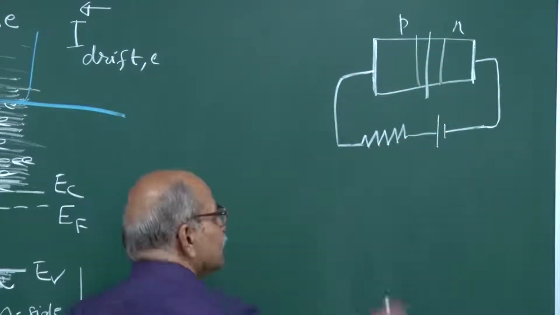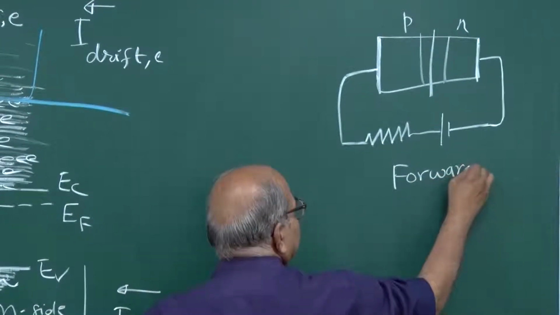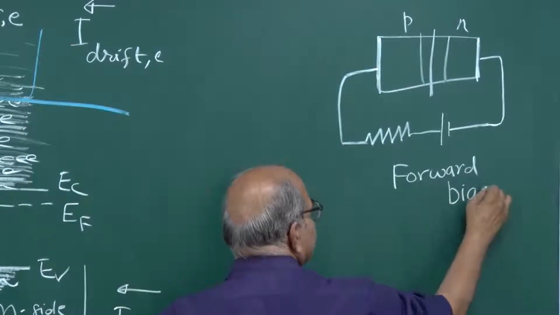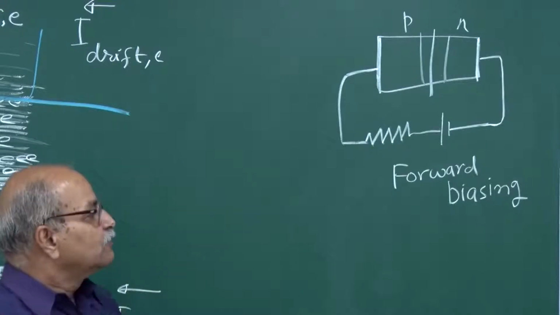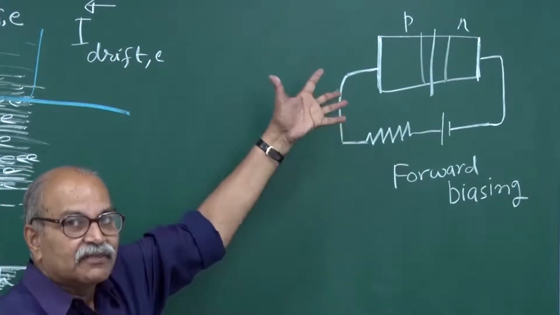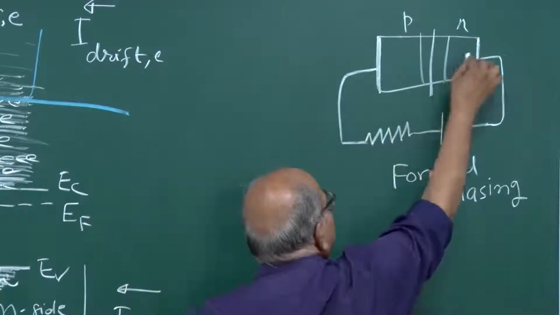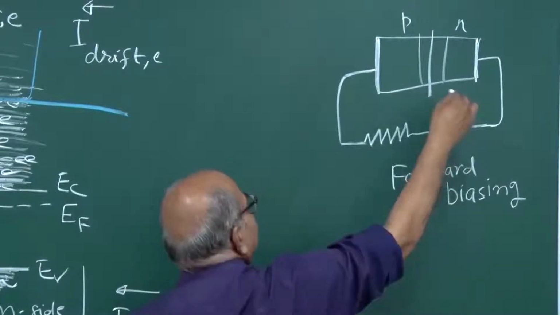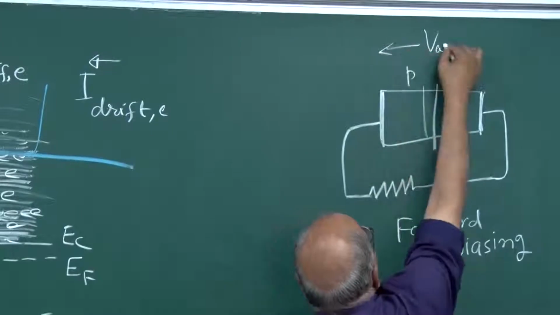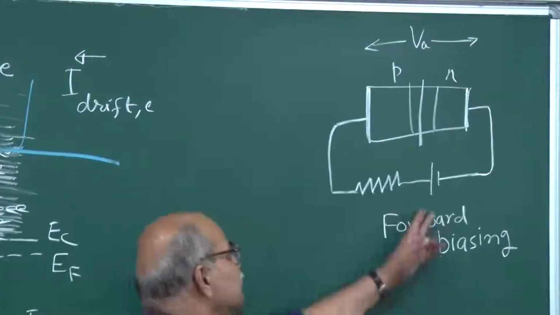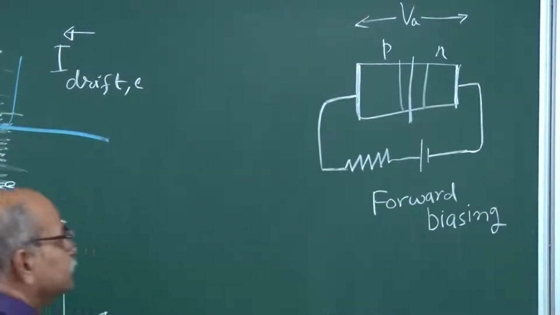That is known as forward bias, and this PN junction is called forward biased in this situation. Suppose the potential difference that we are imposing through this external circuit is VA. This is V applied, but applied means what is actually applied on the junction.